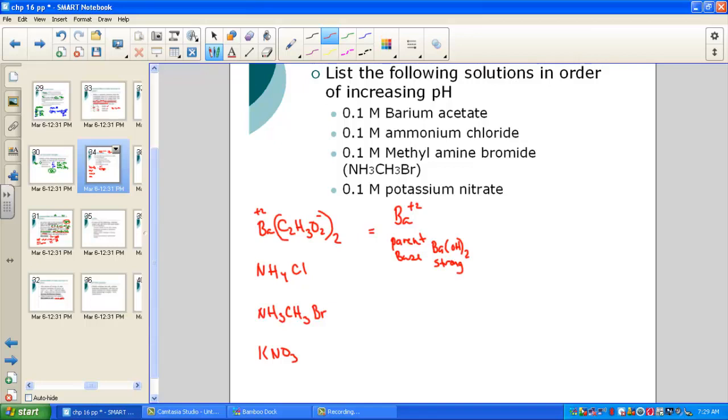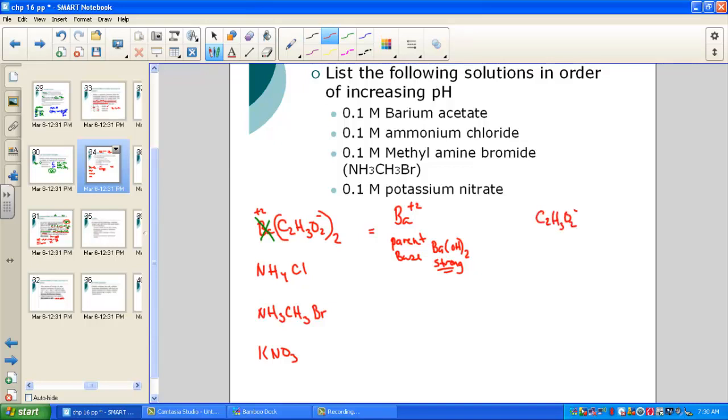Well, we recognize that as one of those listed strong metal ions we had on our paper from before. So the barium has no effect. What about the acetate? The acetate is the negative ion, isn't it?